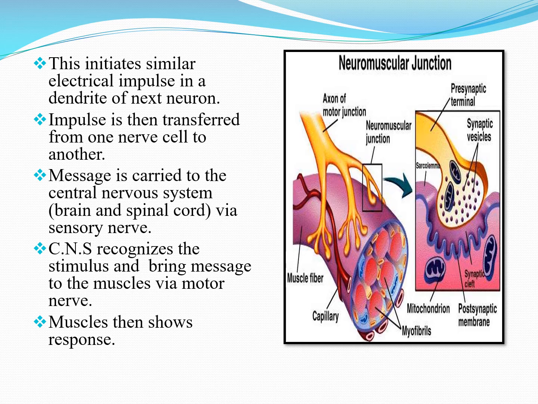So the sensory nerve carries the information to the brain and spinal cord. From the spinal cord or brain, the message is carried by the motor neuron. Then the muscles show the response. Yes, this is the synapse region. A synapse is nothing but the dendrite of one neuron connected to the axon of the other neuron, that is only shown here.